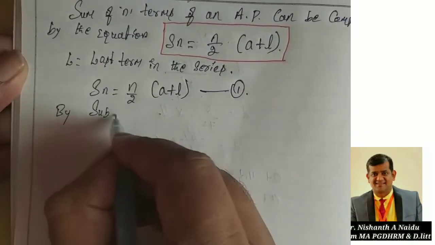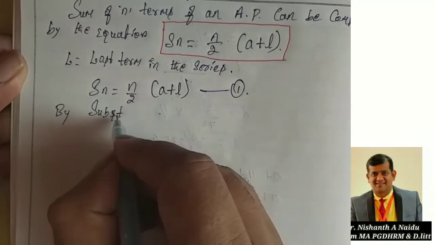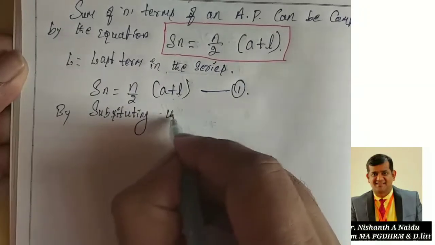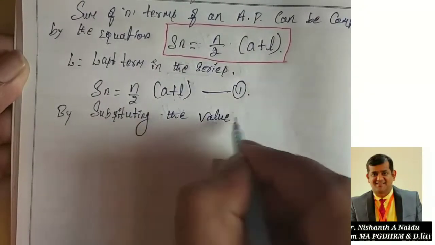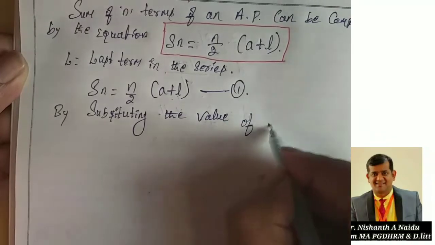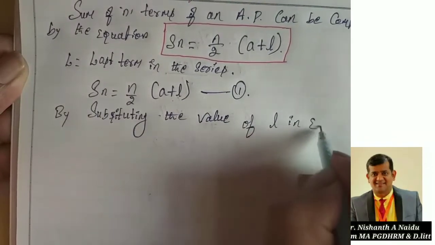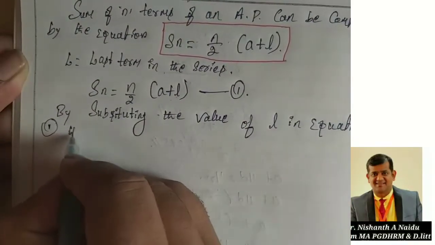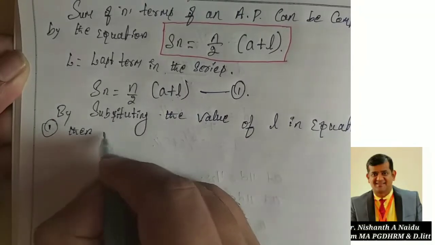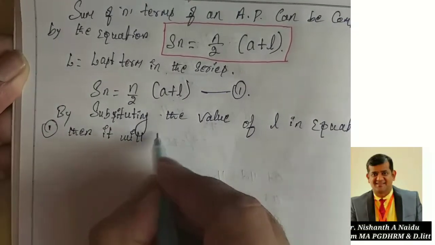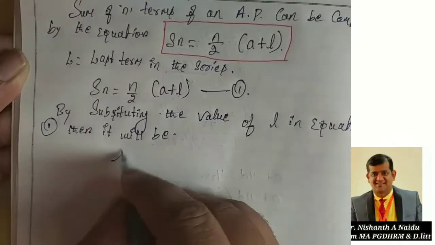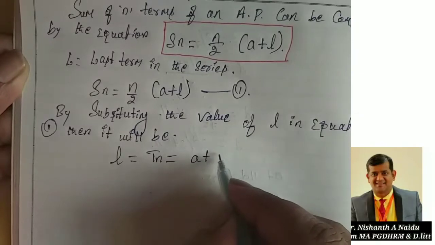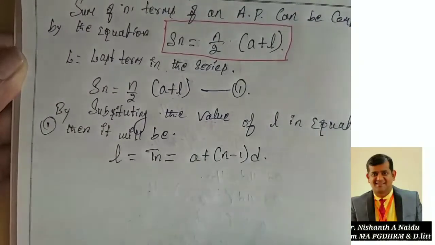By substituting the value of L in equation 1, then it will be L equals Tn equals a plus n minus 1 into d.